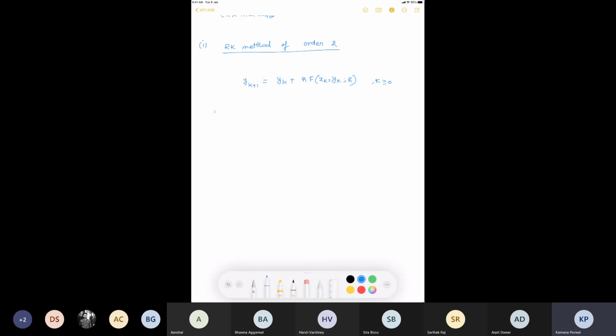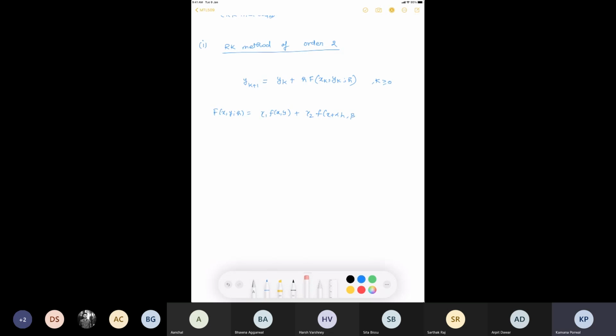In particular for this RK method of order 2, this function F is given by a combination with the factors gamma 1 and gamma 2: gamma 1 times f and gamma 2 times f at x plus alpha h, y plus beta k. So we are introducing the parameters here as well.